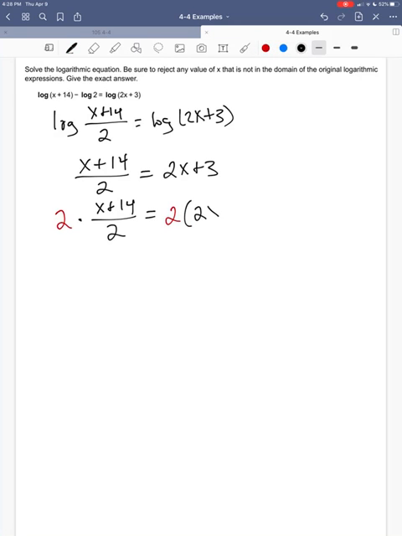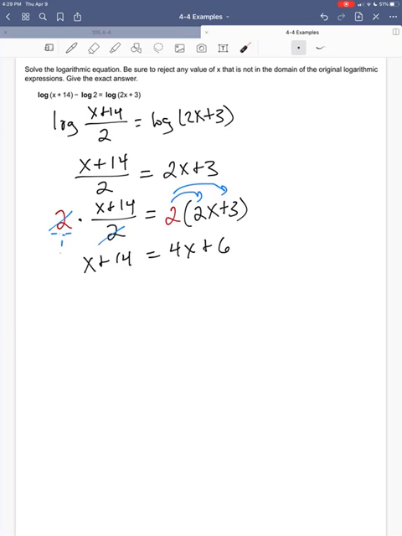So I'm going to put it in parentheses, and that's going to make me distribute over here. Now, on the left-hand side, that's really 2 over 1, which doesn't really matter. It's just that those 2's cancel out. So I get x plus 14 equals 4x plus 6.